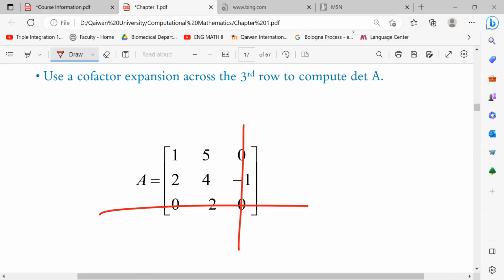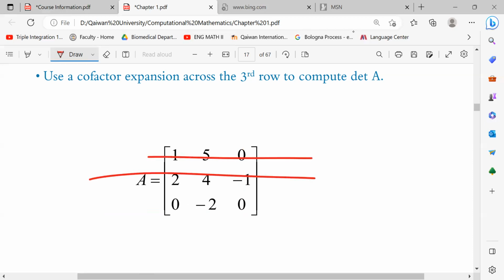You can also take the first row, even the second row, and the first and second column. Any of these you can take, and you must get the same result in all cases. So it's true if you take any of the rows or columns. But the easiest one is the one which includes the most number of zeros.